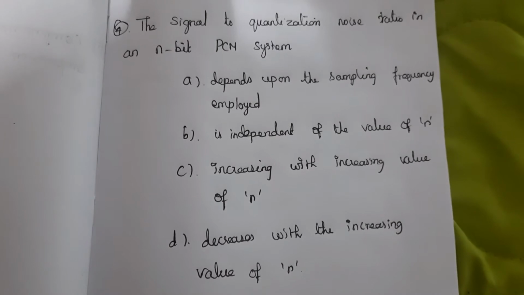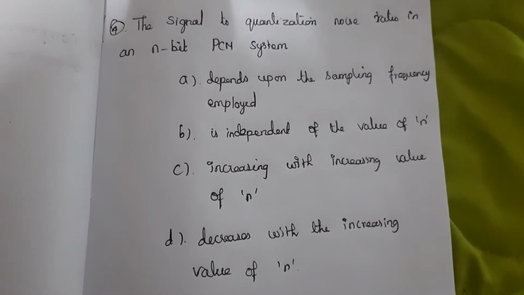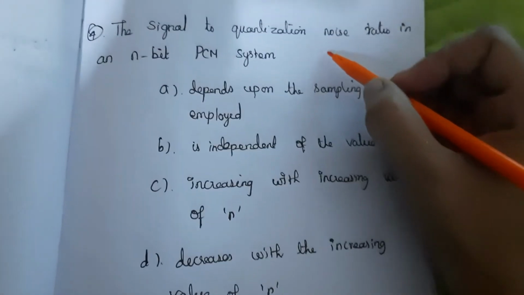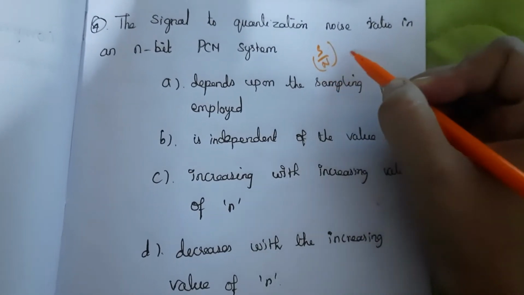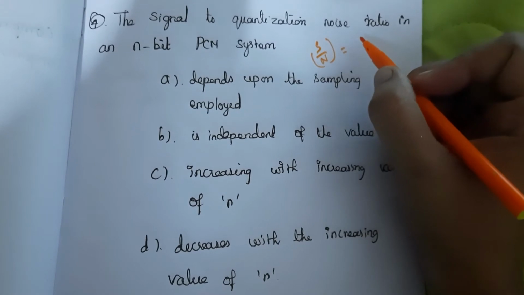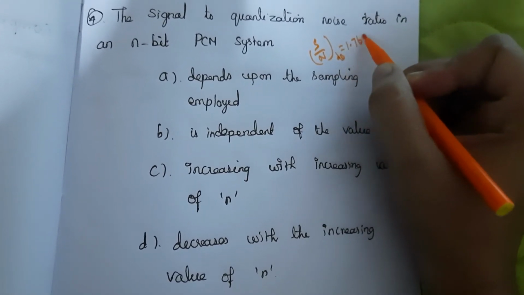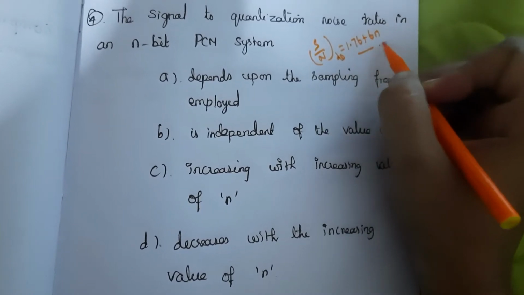Fourth question, the signal to quantization noise ratio in an n-bit PCM system. The signal to quantization noise ratio in dB is equal to 1.76 plus 6n.